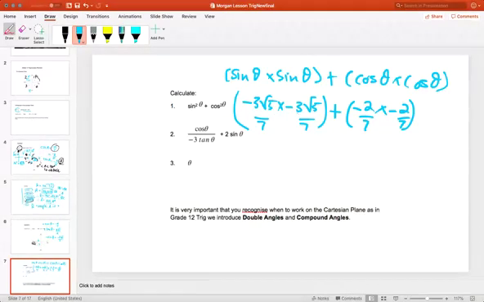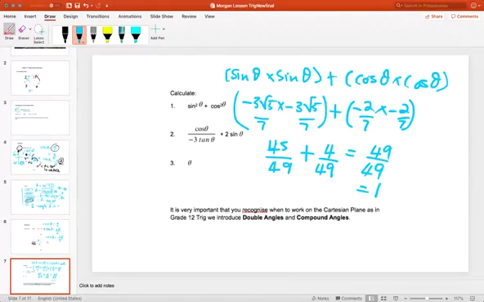Negative 3 times negative 3 is positive 9, and root 5 times root 5 is 5. So 9 times 5 is 45 over, and then we're going to get 49. 7 times 7 is 49. Plus, negative 2 times negative 2 is 4 over 49. So 45 and 4 is 49 over 49, which is 1. And there we go. We have proven our squares identity.